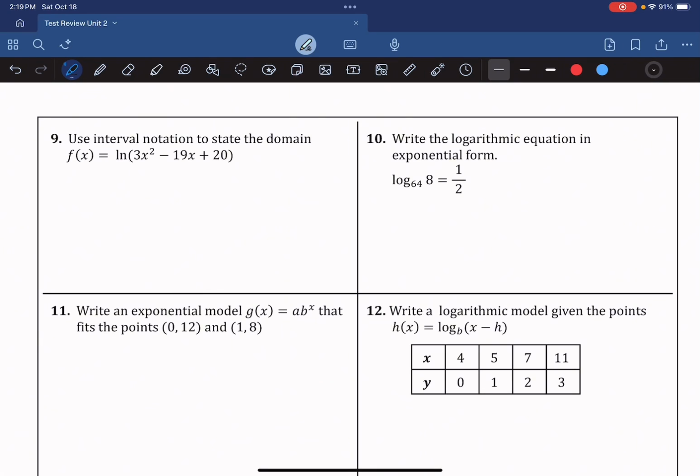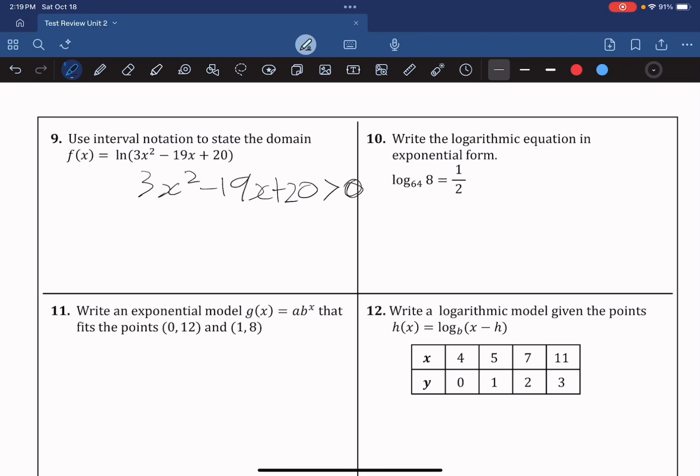So anyways, to find the vertical asymptote, or the domain of a graph, you need to find where 3x squared minus 19x plus 20 is bigger than 0, right? Because your original asymptote will be on the line x equals 0.